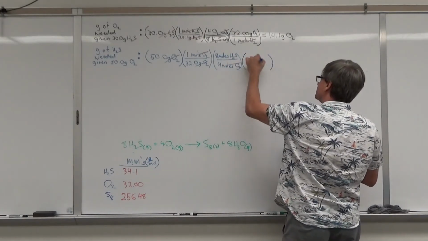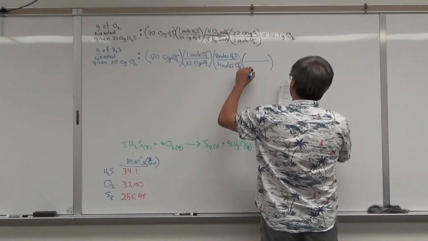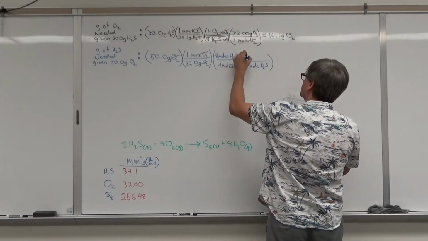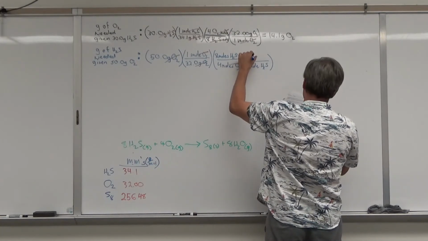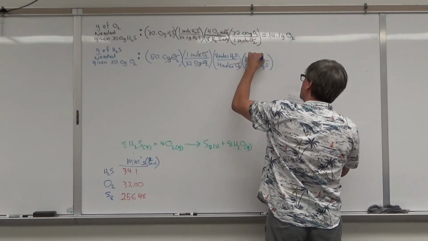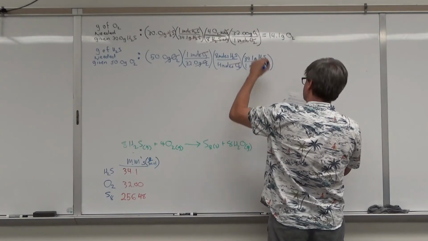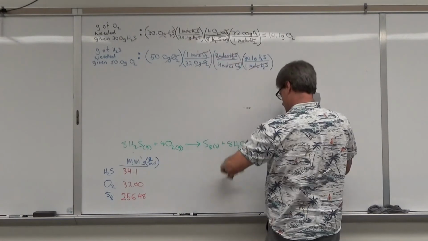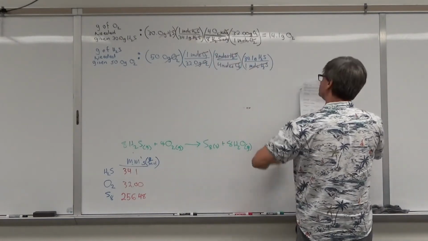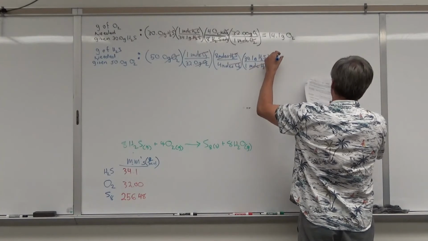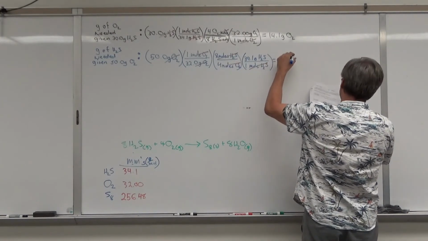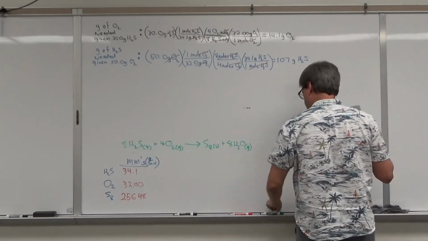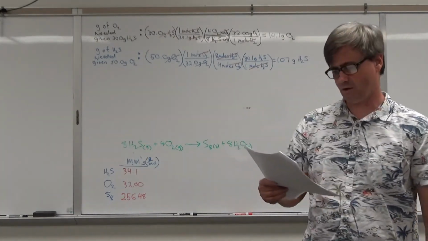All we need to do now is take the molecular weight of hydrogen sulfide: 1 mole is 34.1 grams. That gives us 107 grams of hydrogen sulfide. Don't have near that amount.